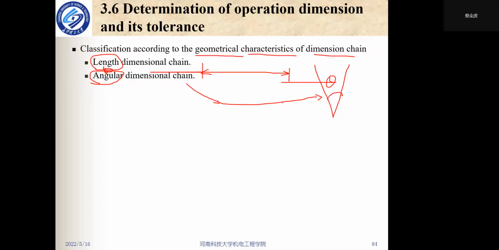So according to the geometrical characteristics, the dimension chain can be divided into two: the first is the length dimension chain, where each dimension is a measure of the length, and the second is the angular dimension chain, where each dimension is a measure of the angle.